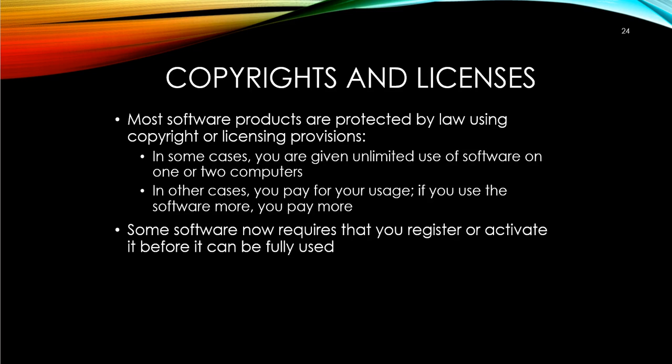The other thing I want to talk about real fast is the legality of software. Most software products are absolutely protected by copyright. Companies, obviously, this is how they make money. Most for-profit organizations are going to make sure that they are licensing their product to you in some way, shape, or form.